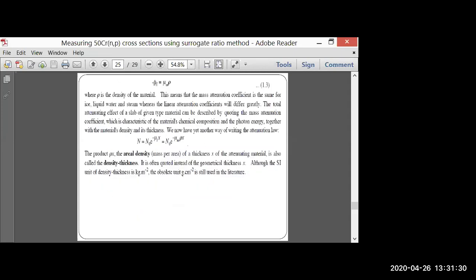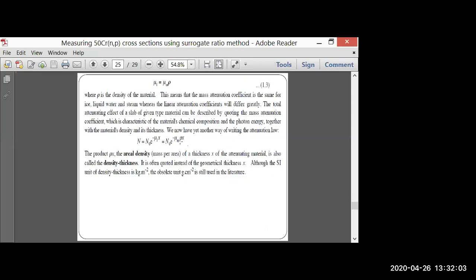Then I can write my mu L in terms of my mass attenuation coefficient. mu L is the linear attenuation coefficient, and if I multiply my mass attenuation coefficient mu m with density rho, this is equal to the linear attenuation coefficient, where rho is the density of the material. So I can write equation 1.1 like this: N is equal to N0 e to the power minus mu m multiplied by rho x.